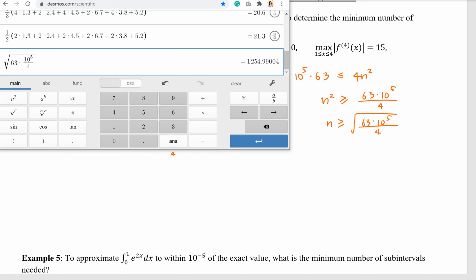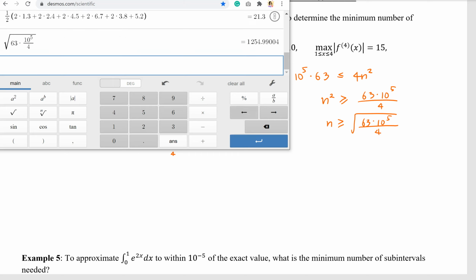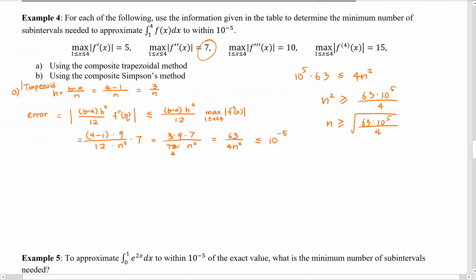Okay, and the answer is 1254.99. What is the minimum n? n is an integer greater than or equal to this number. Oh, 1255, right? Wow, 1,255 iterations or subintervals. Well, that's a lot, right?